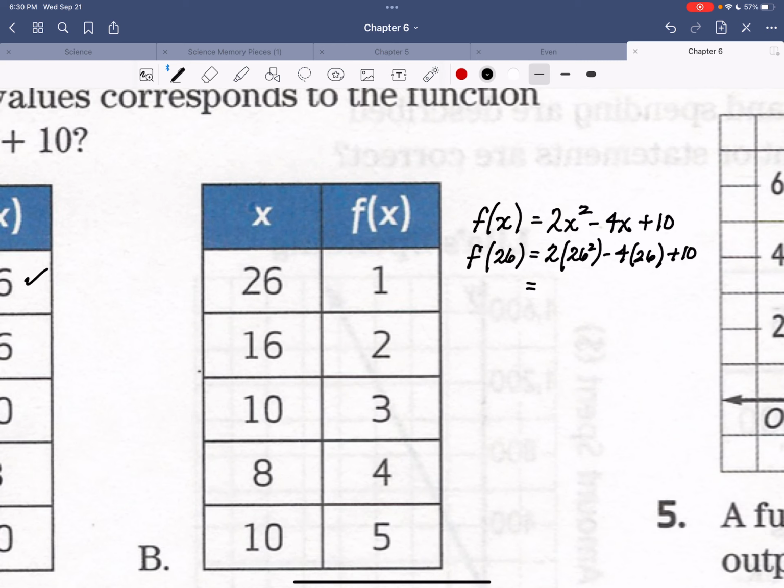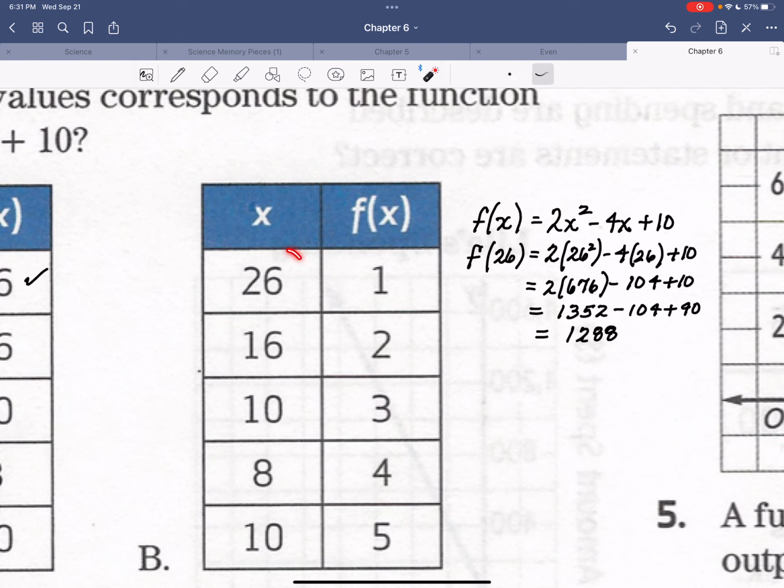That's 676, minus 4 times 26 is 104, plus 10. So 676 times 2 is 1352, minus 104 plus 10. This is not going to work, but let's finish it. It's 1258, and we were supposed to get a 1 out of there.